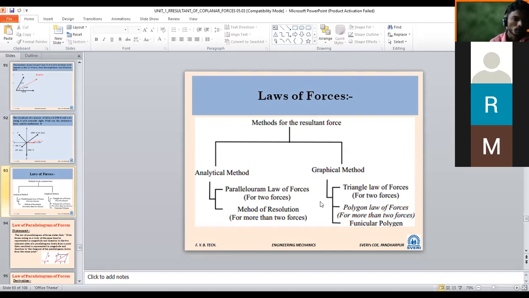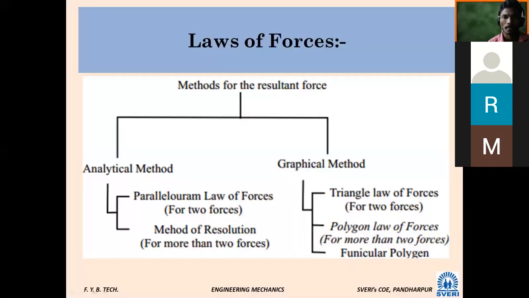Very good. I will wait for 1 minute. So we started the last lecture on laws of forces, in which we have seen methods of resolution.